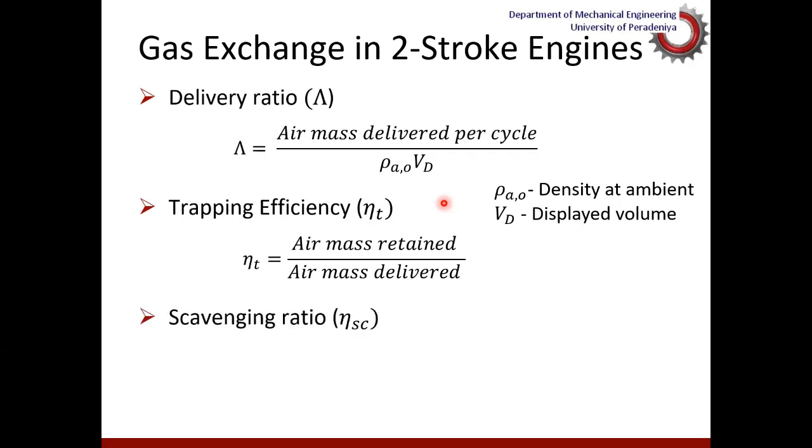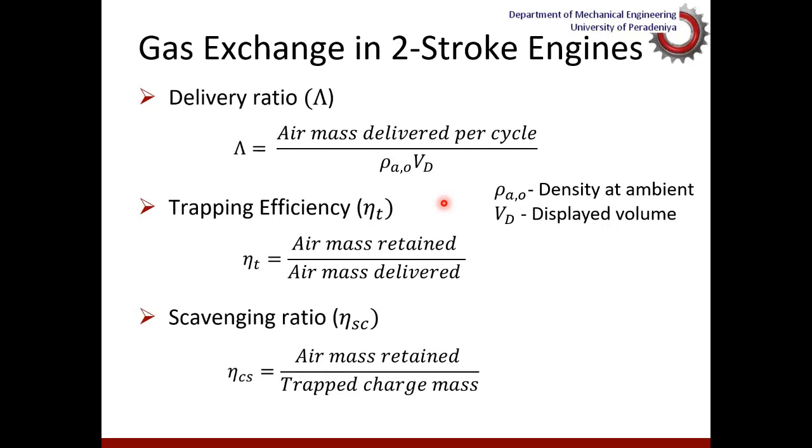And then comes the scavenging ratio, that is the efficiency of the exhaust process, the scavenging process, that is air mass retained in the system divided by the trapped charge mass, how much mass is trapped inside the system. And also you can recognize that the amount of charge that remains from the previous cycle will be 1 minus eta_s, that is the scavenging ratio.